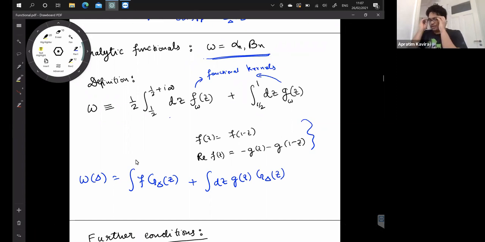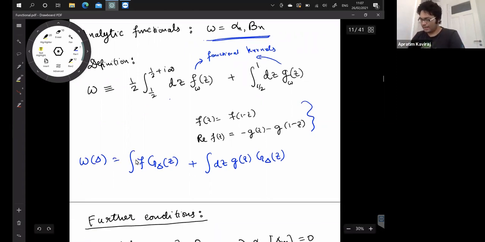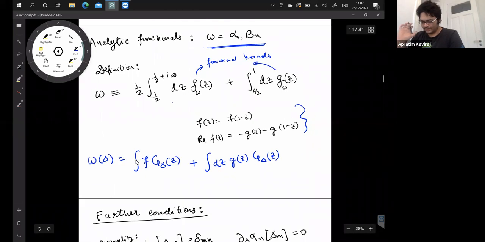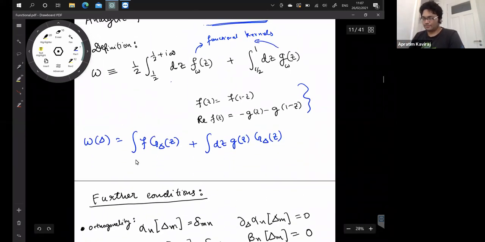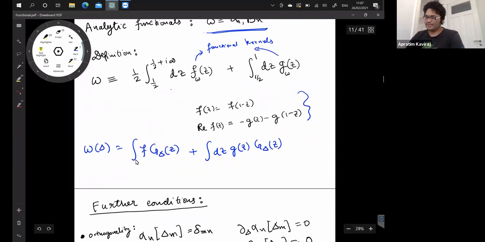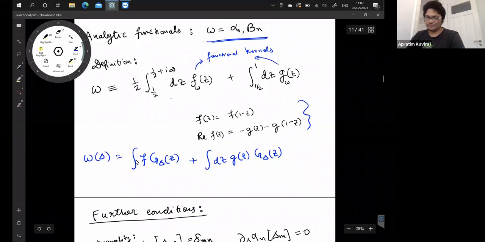So this is how they are. This is like the definition of the integral, and you also have to constrain f's and g's such that they give you the basis vector coefficients.